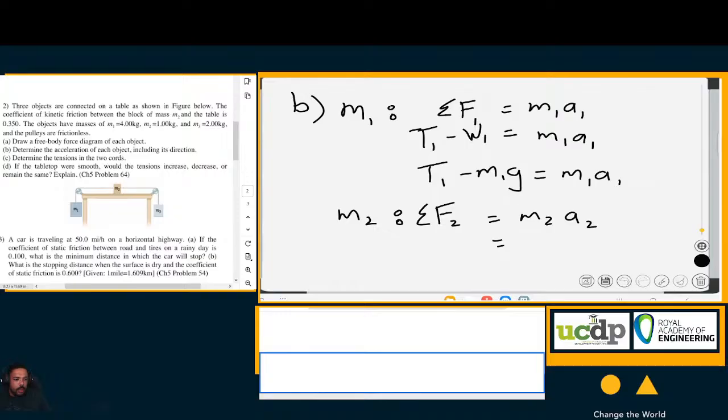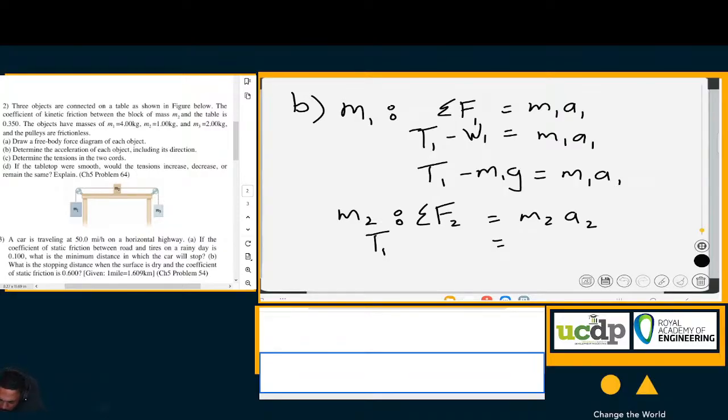So just looking at the horizontal components, T1 is pulling it towards the negative side, so let me write a minus there.